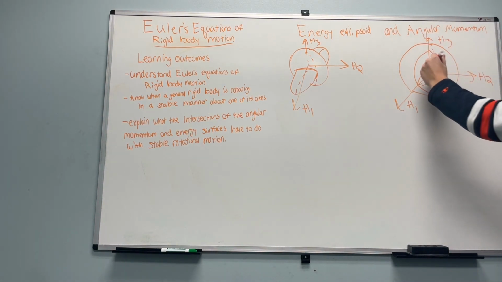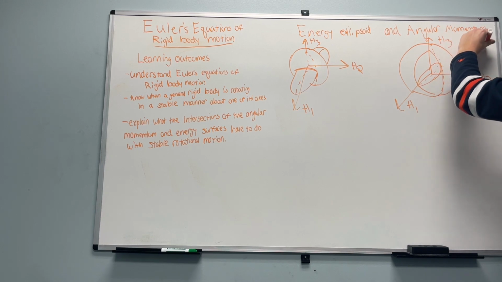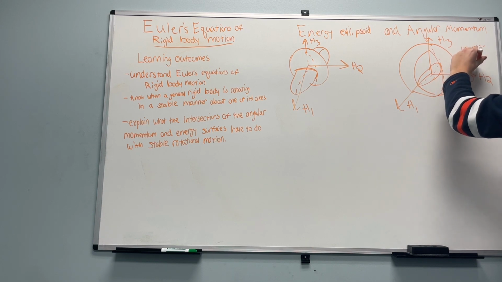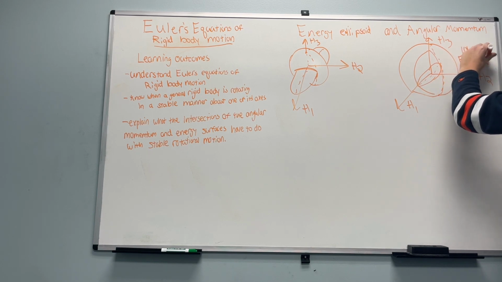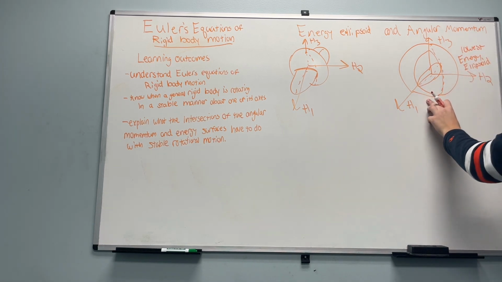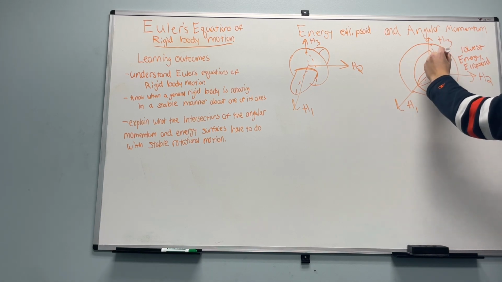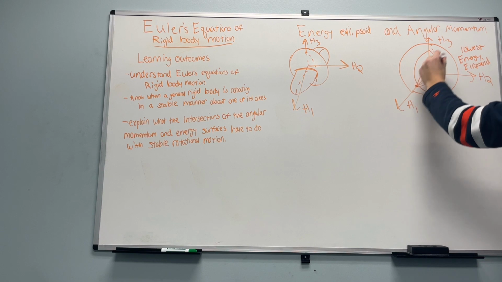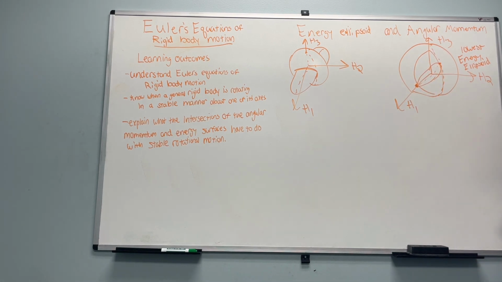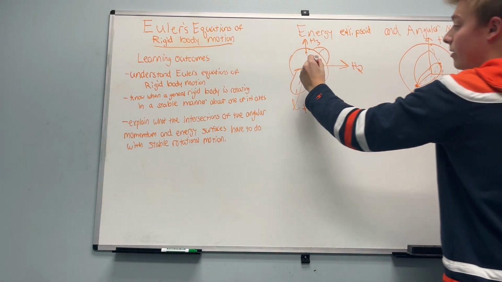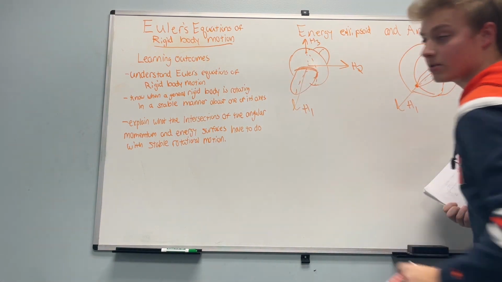Now on this one, in our lowest energy ellipsoid, we can see that the intersection between our angular momentum fixed sphere reference and our energy ellipsoid are only at the edges of our energy ellipsoid, here and here. Two fixed intersections, instead of in this one, where it's an intermediate energy ellipsoid, where it's intersecting all across the sphere.